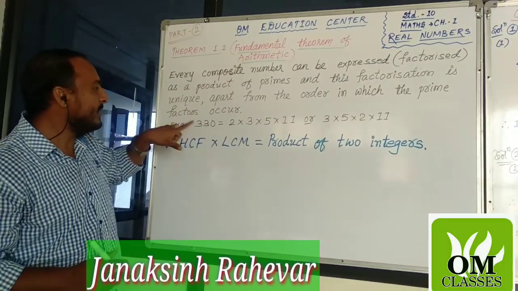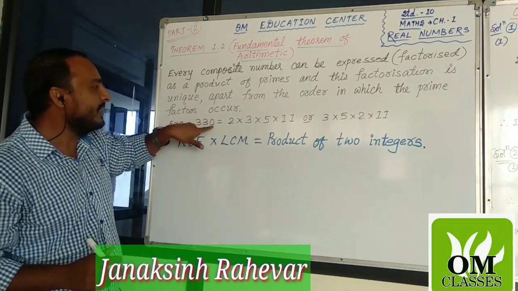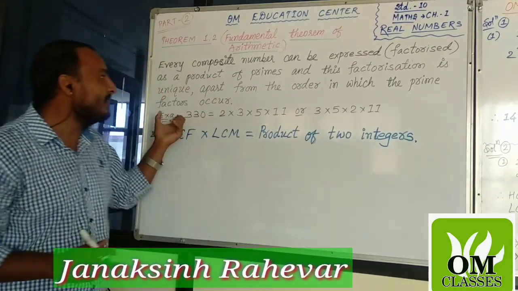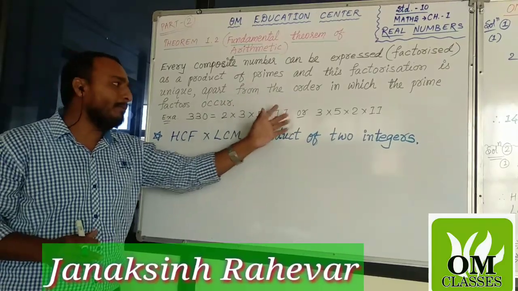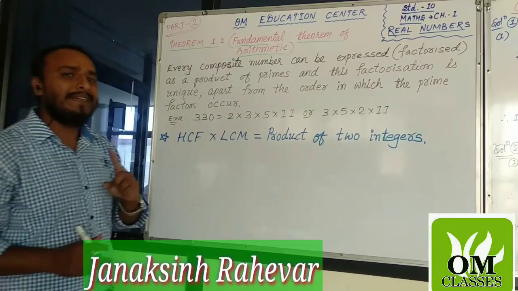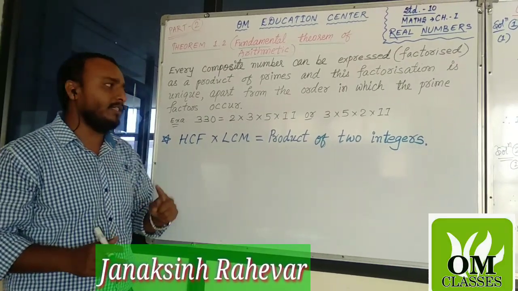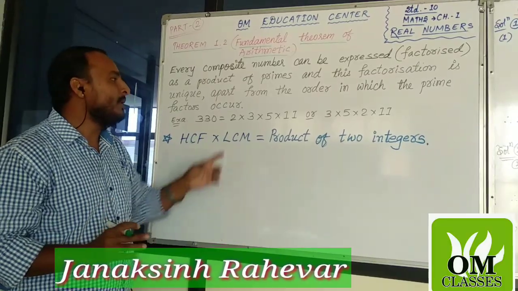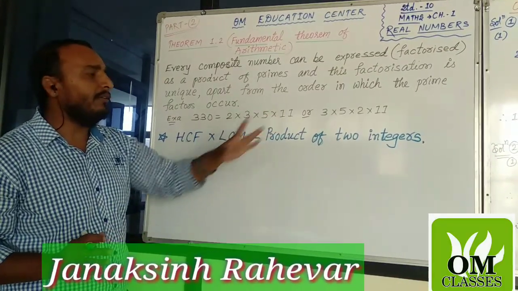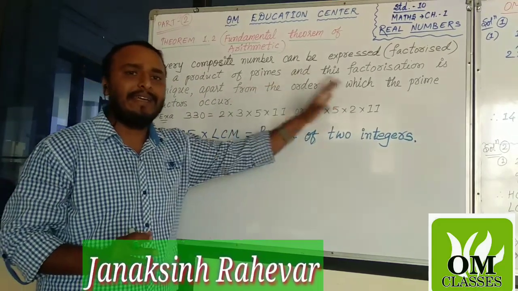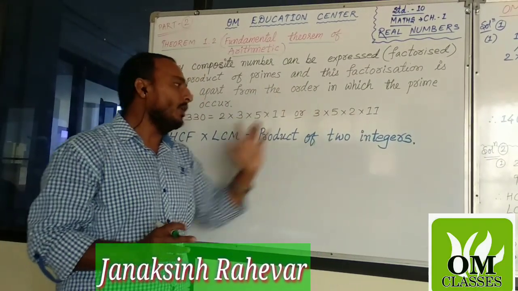So 330 is a composite number, and we have factorized it as a product of prime numbers. All these factors are prime, which is why the name itself suggests prime factorization: the factors should be prime. Here 2, 3, 5, 11 are prime factors, and you can write them in any order.